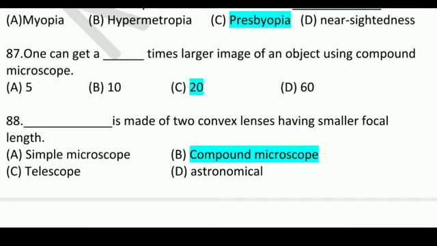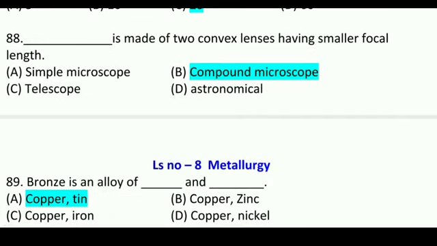One can get a dash times larger image of an object using a compound microscope. Yes, one can get a 20 times larger image of an object using a compound microscope. Dash is made up of two convex lenses having smaller focal length. It is a compound microscope.